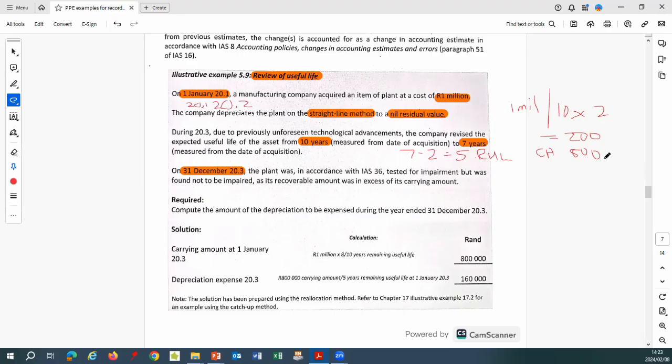So my carrying amount divided by my remaining useful life will then give me my depreciation for the year. So it's very important to be able to distinguish between, is it the total useful life or is it now the remaining useful life that has been given to me? Okay, so that's 5.8 and 5.9.